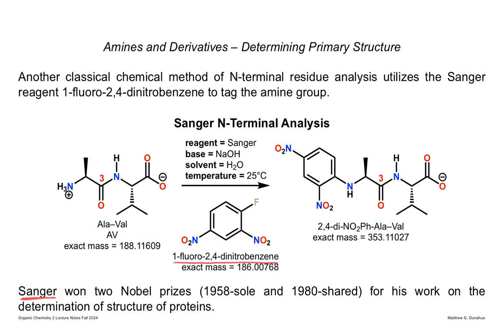So what happens is that you can see from this reaction that the N-terminal residue nitrogen gets tagged. And the mechanism for this, we didn't talk a lot about. It's called nucleophilic aromatic substitution.